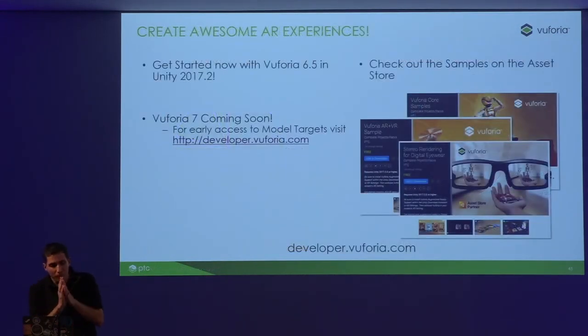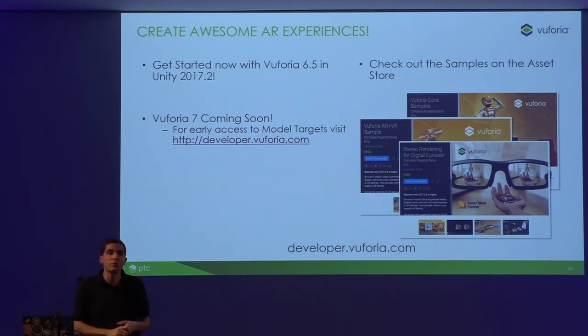Okay, so you guys are awesome. You are augmented reality developers, and we want you to continue creating awesome experiences. I highly encourage you to check out Unity 2017.2 with Vuforia 6.5.